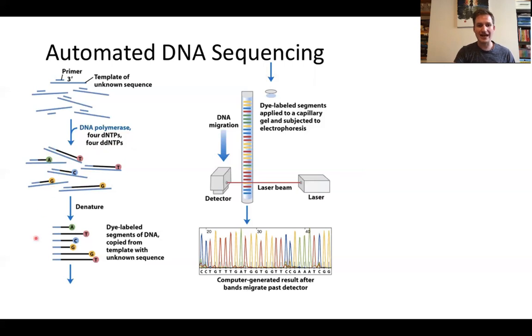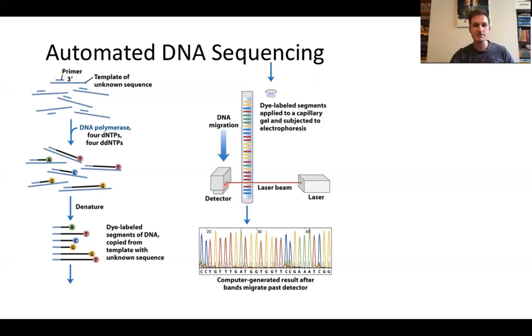And again, in order to actually analyze this data, we need a special machine, and they call that a sequencing machine. So you need access to something like that. All sequencing machines, even to the modern day, even with the Illumina, you name it, require this sort of technology. DNA is fed through a capillary, so that's a gel matrix that is designed to separate them based on size, like everything we've seen, but just one base pair at a time.